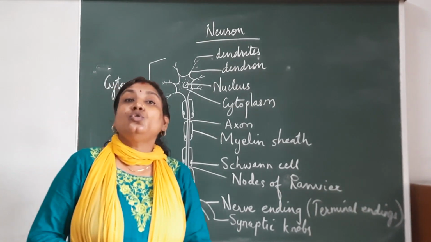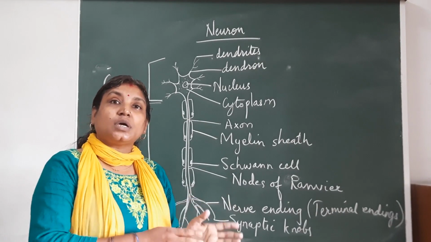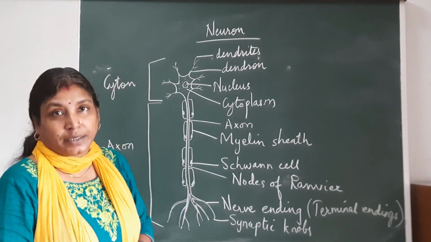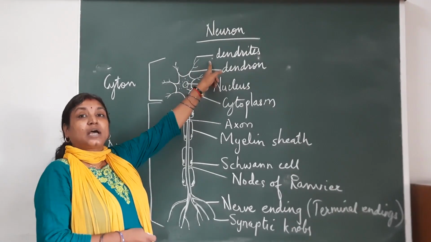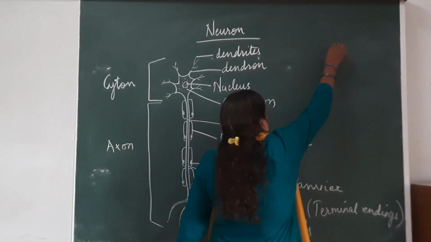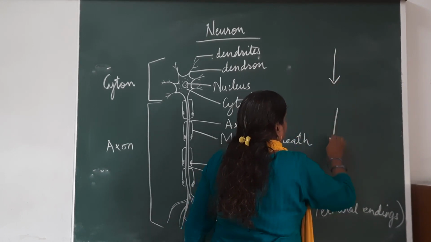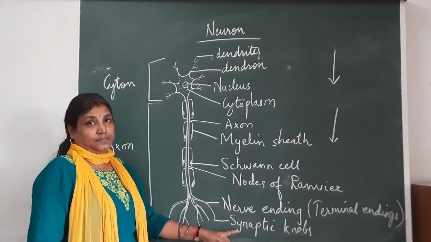Now how do neurons function? How is the conduction of impulse carried out? For this what happens? These dendrites are the receiving ends. The direction of conduction of impulses is from dendrites to nerve endings.